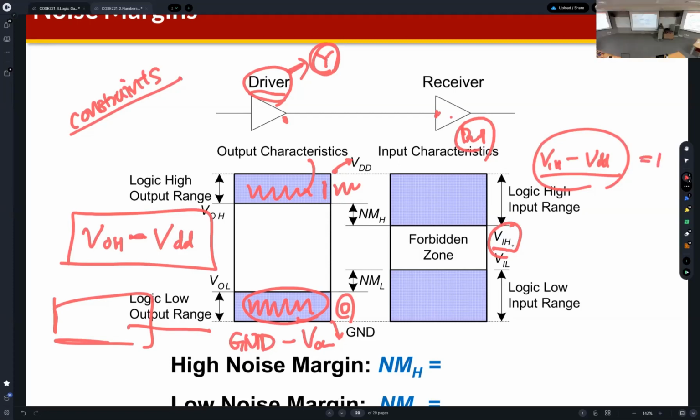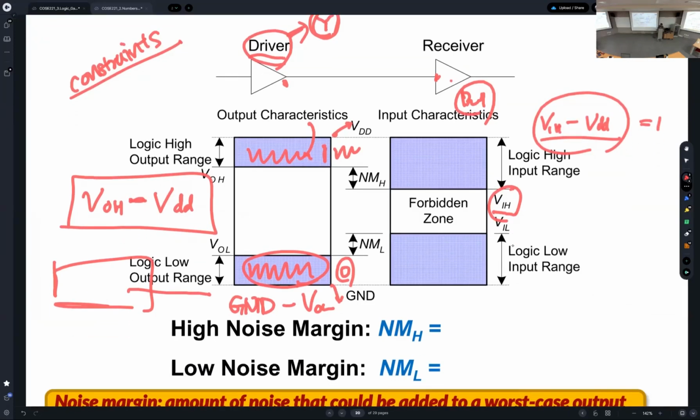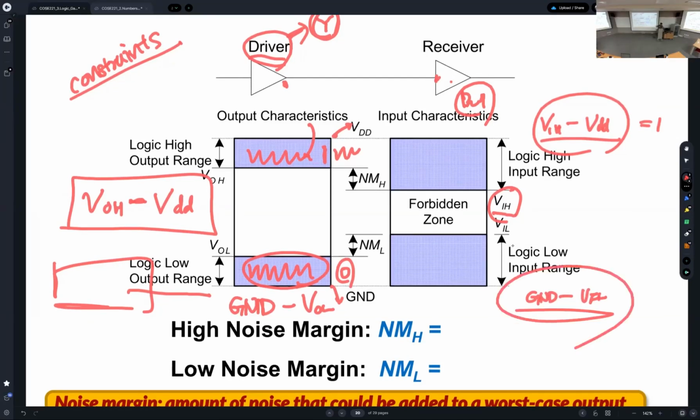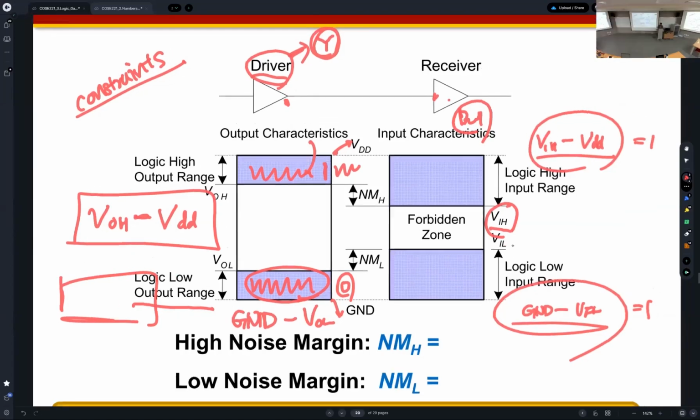And if the input voltage level is within ground to VIL, then this logic gate thinks that this input is 0. This is the input constraint of this circuit.